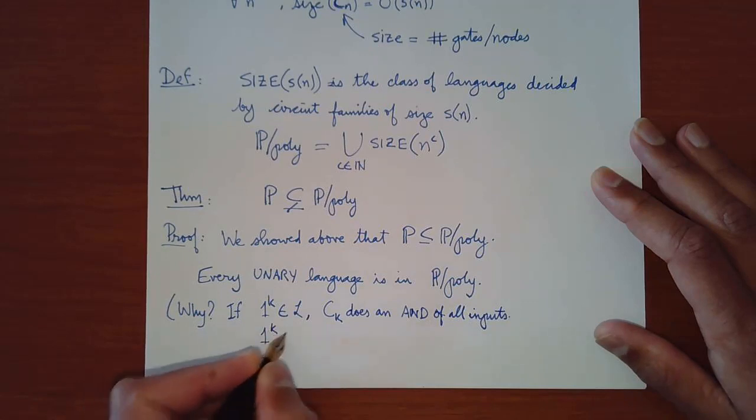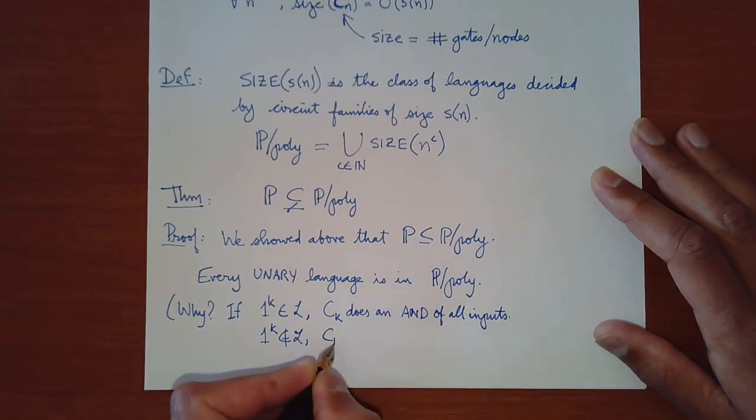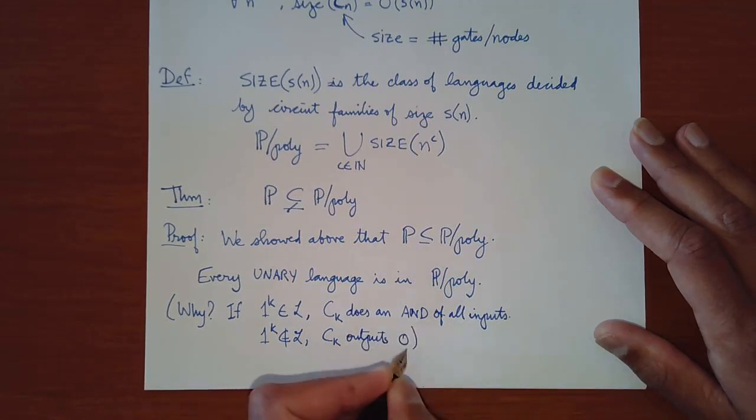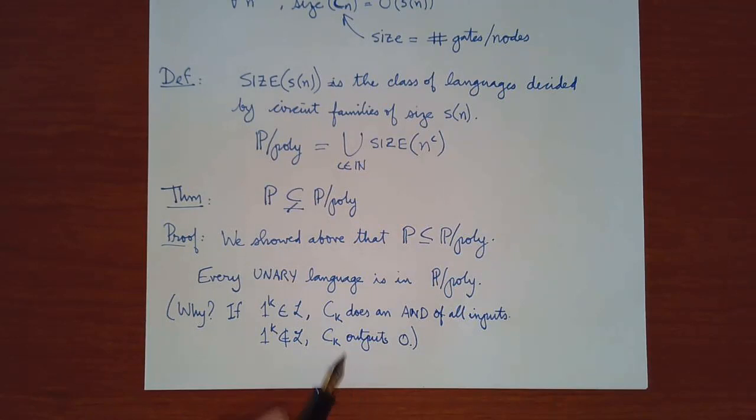If 1 to the k is not in the language, Ck outputs 0. That's it. So it's a linear sized family, because to take the AND of all the inputs, you need linear size, but otherwise you just output 0. So every unary language is in P/poly.